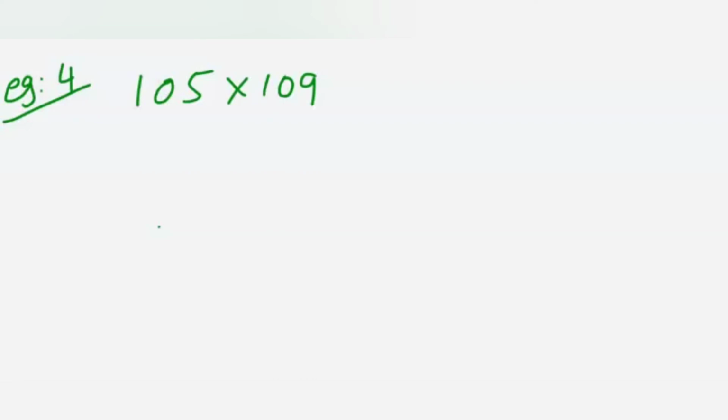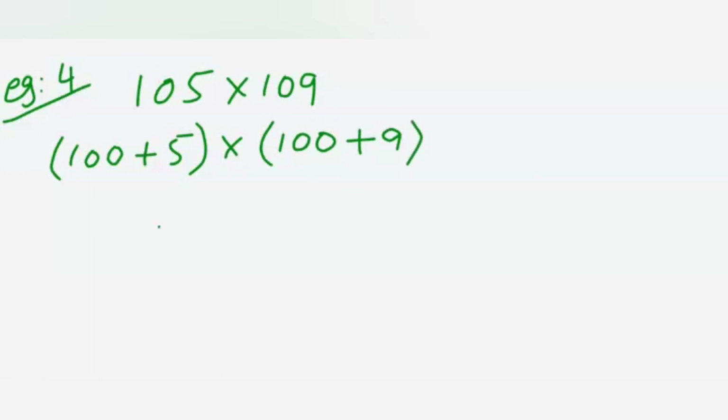In such cases, both are nearest to 100, so 105 can be written as 100 plus 5, and 109 can be written as 100 plus 9. Now if you observe, this is one more identity which we discussed in our previous videos, which is (x plus a) into (x plus b).